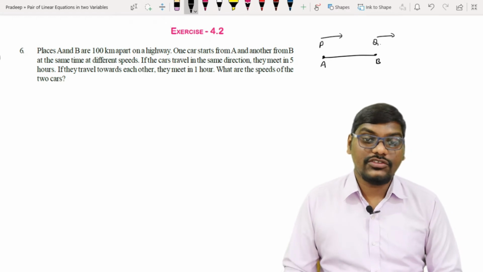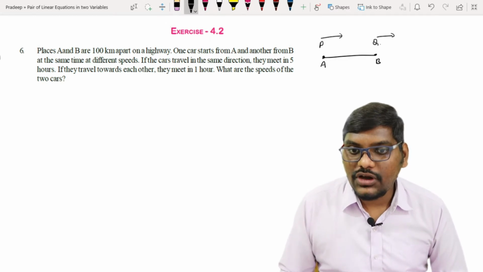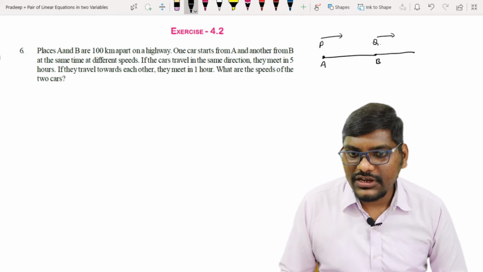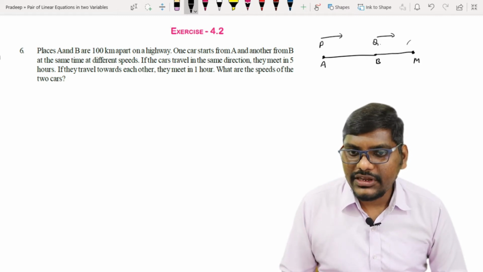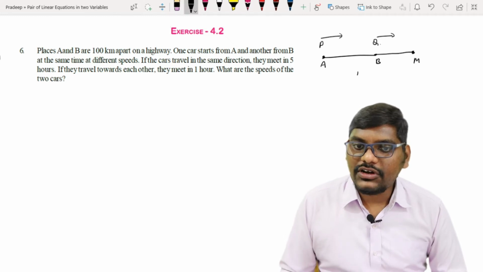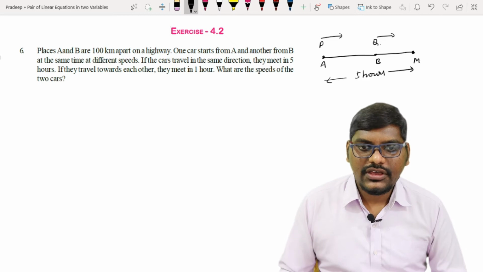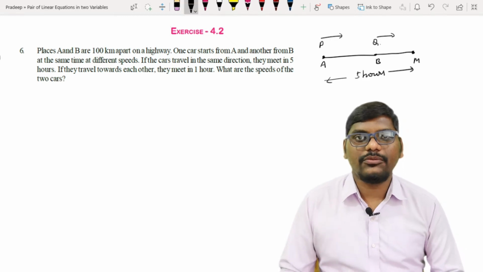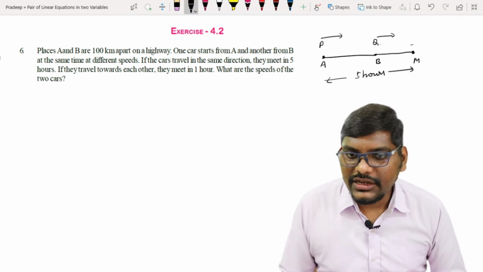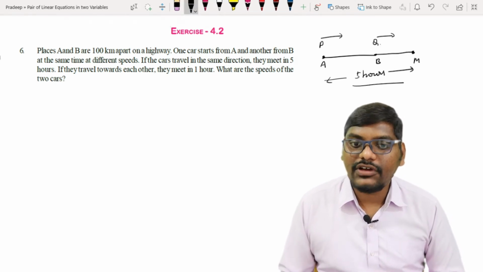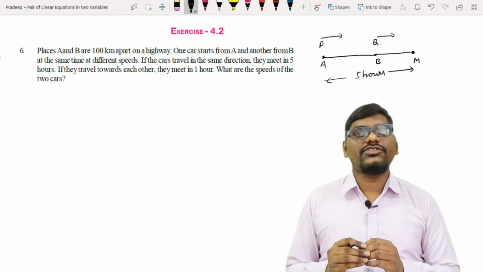In such a case, both P and Q cars meet at a certain position, let's say M, after traveling for 5 hours. That means car P's speed is higher than car Q's. So that is the first condition they are giving.